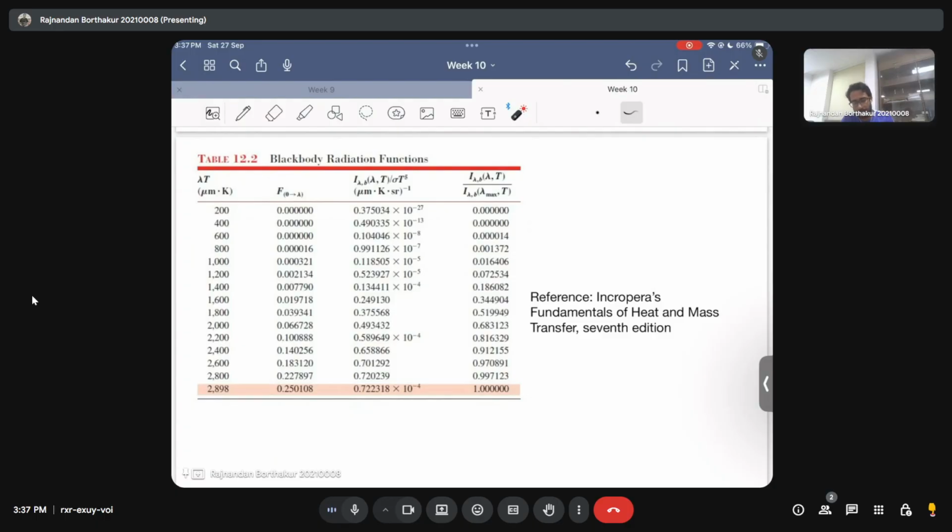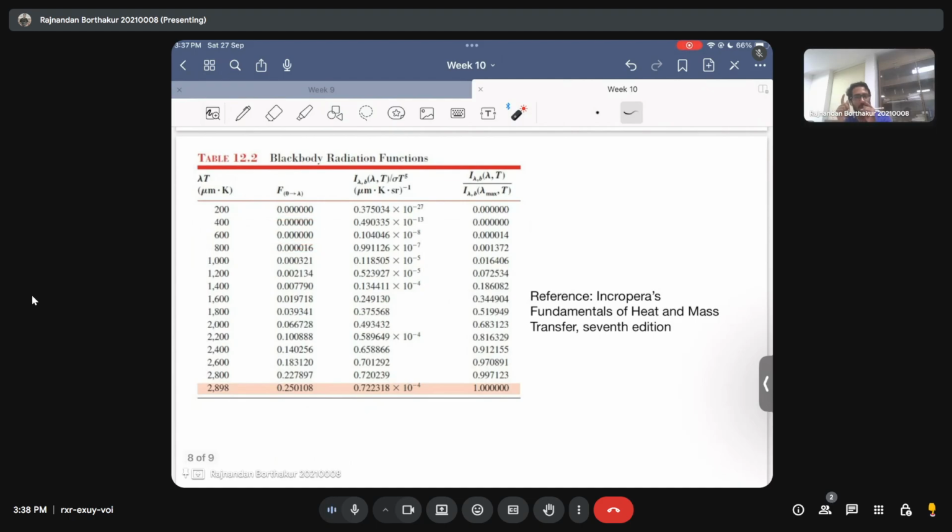I have taken this table from the book of Incropera, and you can see, for instance, if you have some wavelength lambda 1 and the temperature, you can evaluate lambda times T, and then there is a direct relation, because this band emission function is a function of lambda times T, the relation that we just saw. Of course, this is an empirical relation, but it is well tabulated in the literature, which means that if you know lambda T, you know the band emission function.